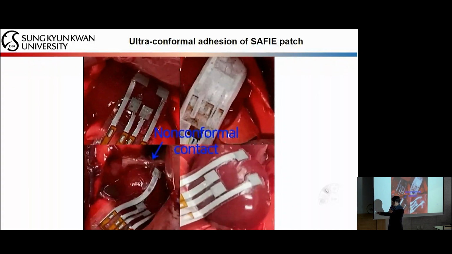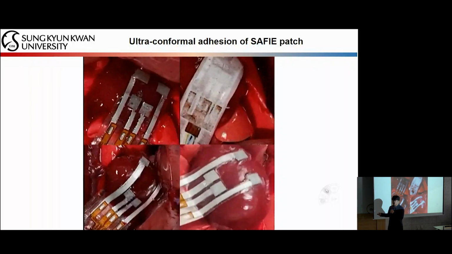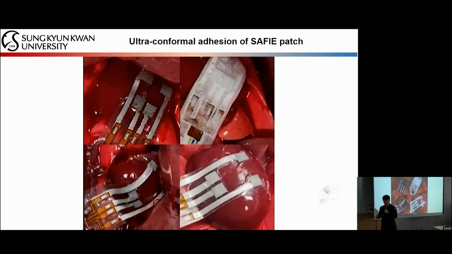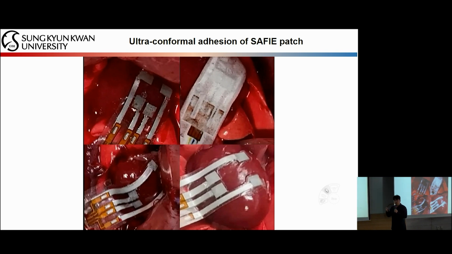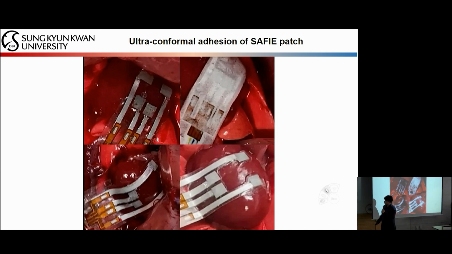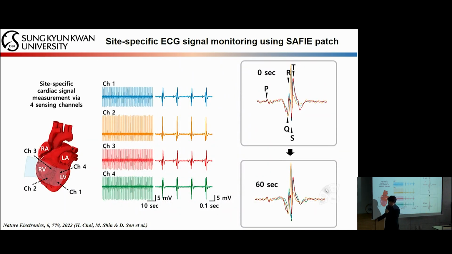And this is the patch without network structure and with the tissue adhesion. We can see the non-conformal contact. So the non-conformal contact evokes low signaling performance. And we have four channels. Four channels in the patch show the typical ECG patterns.